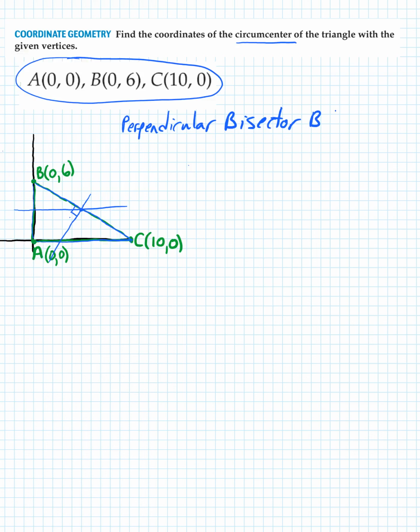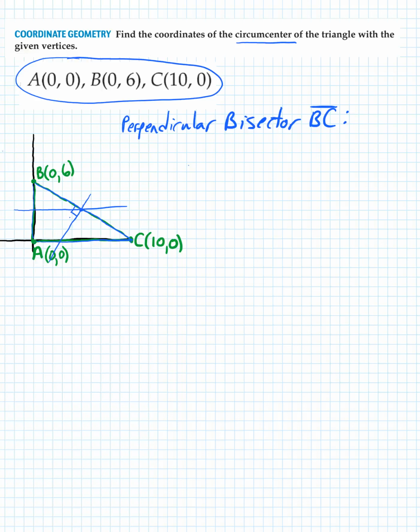We'll do that line first. In order to find the equation of that perpendicular bisector, I need to first find the slope of line BC, because we know perpendicular lines have opposite reciprocal slopes.